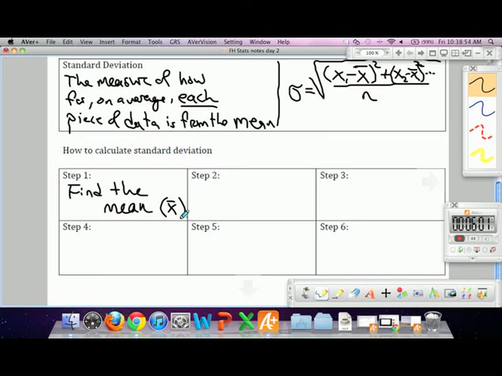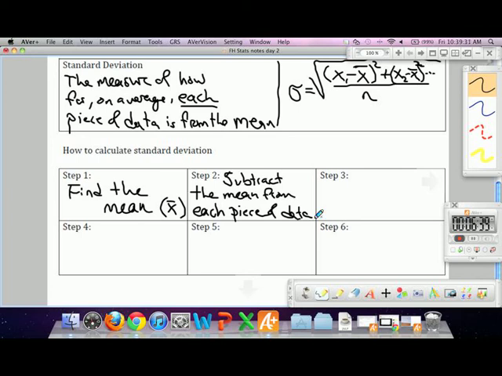Step 2, once you know the mean, inside those parentheses we want to subtract the mean from each piece of data. So if you had 5 numbers, you'll subtract the mean from each of those 5 numbers and you get 5 new ones in step 2.